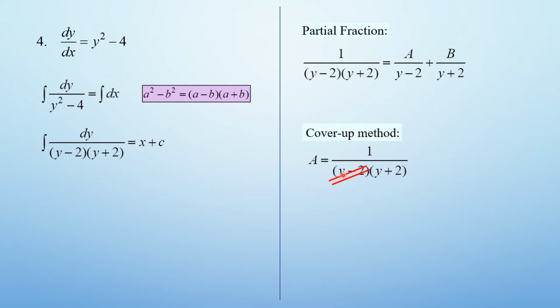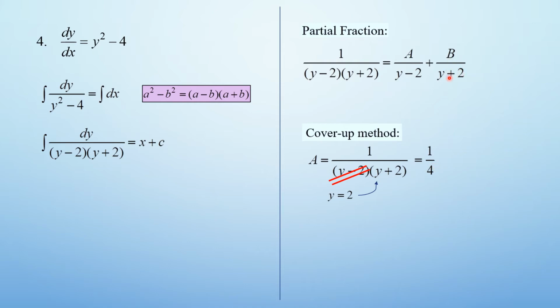Now if y minus 2 is equal to 0, y has to be equal to 2. Next, substitute this number 2 into the y which is not covered. So a is equal to 1 over 2 plus 2, which is actually 1 over 4. Now we're going to apply the same technique for b. Okay, so b is above y plus 2.